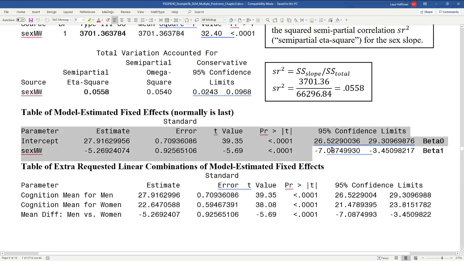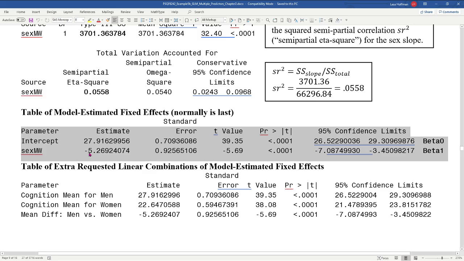So the first table here is the solution for fixed effects that you would get normally by default. 27 is the predicted outcome when gender is coded 0, that's men, and -5 is the slope for gender. So that is what happens when you go from a gender of 0 up to 1, when you go from men up to women.